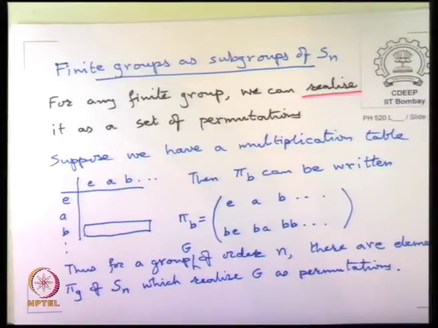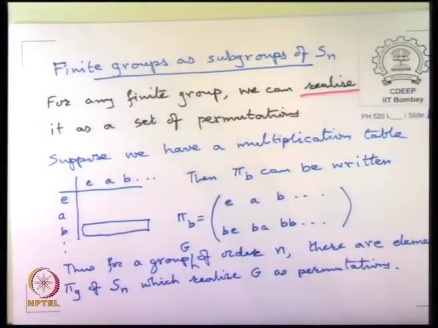So this looks like a clever trick, and what one has to remember is that n is some number, but Sn, its whole size, is n factorial. So Sn is a gigantic group, but by paying the heavy price of considering members of some huge group, you at least represent any possible group of size n as some permutation.